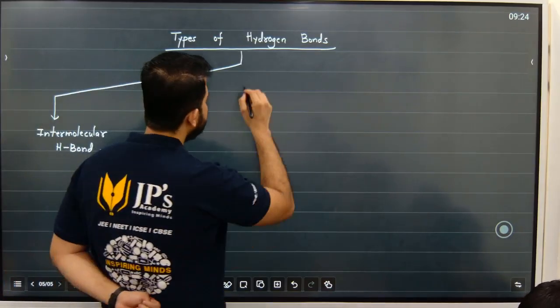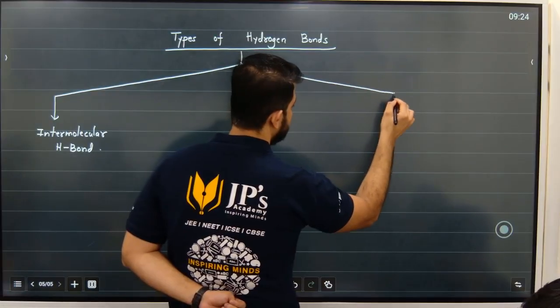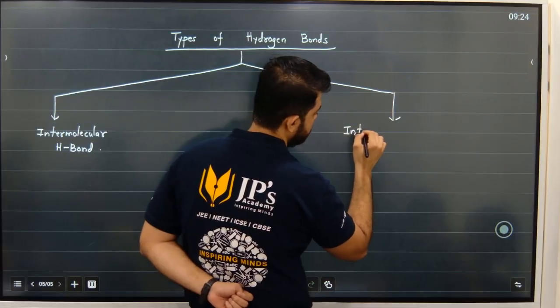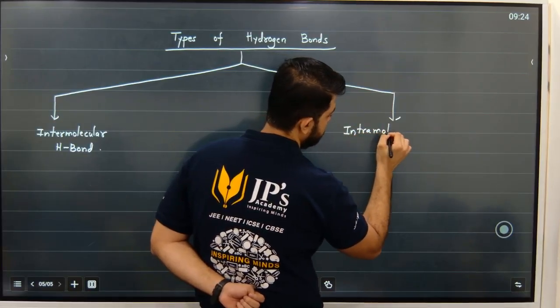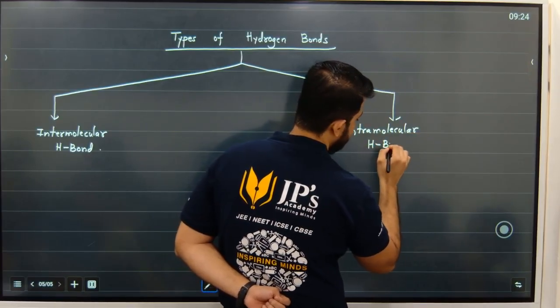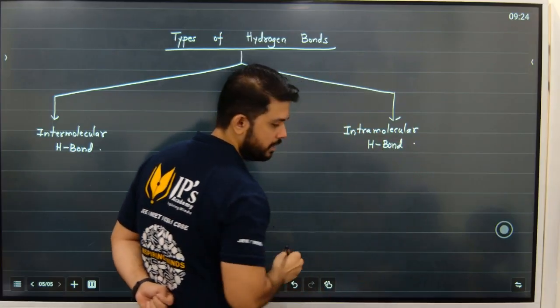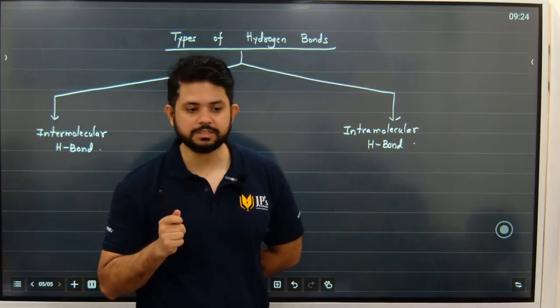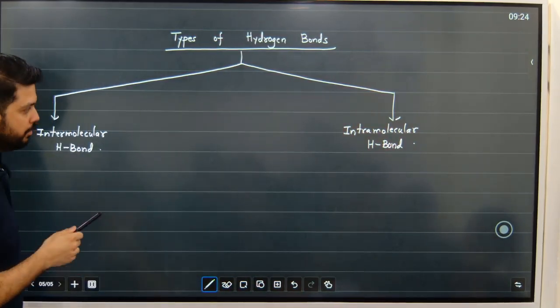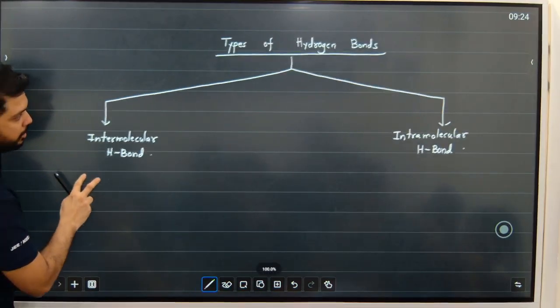And the second is called intramolecular hydrogen bonds. Intramolecular means hydrogen bonding within the same molecule. So we have intermolecular hydrogen bonds and intramolecular hydrogen bonds.